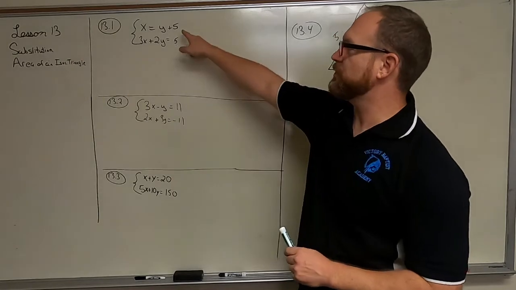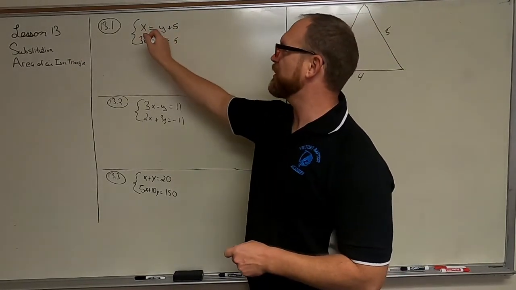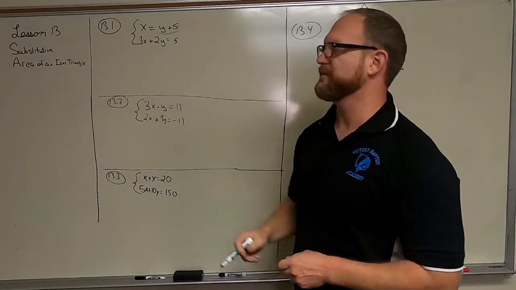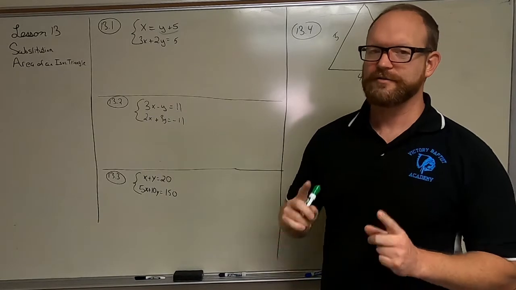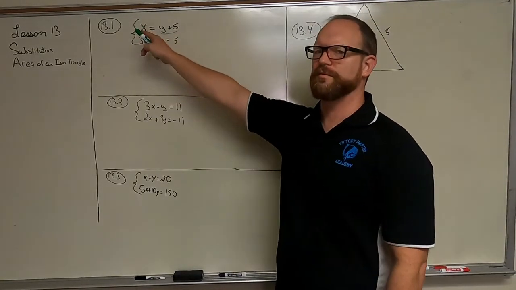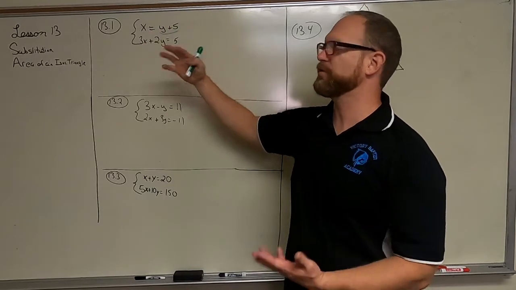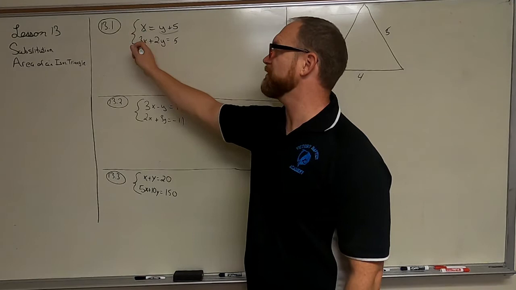And when I look at these two equations, I can automatically see something. I can see that x equals y plus 5. And then automatically I can think, okay, I can substitute y plus 5 for x. Well, it already says x equals y plus 5, so where do I substitute that? Remember, this x is the same thing as this x.